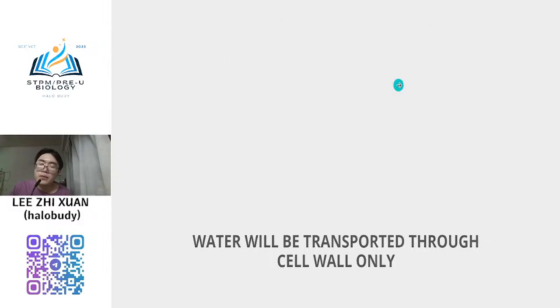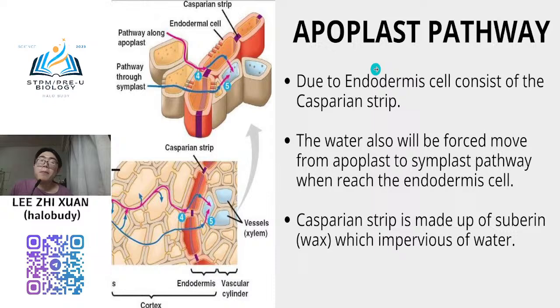However, the apoplast pathway will not directly enter the root xylem. Compared to symplast and vacuolar, where the water molecule can go directly toward the root xylem vessel, apoplast cannot.